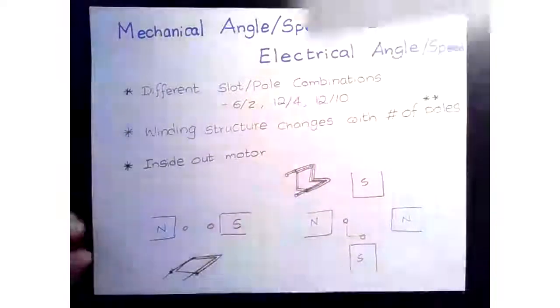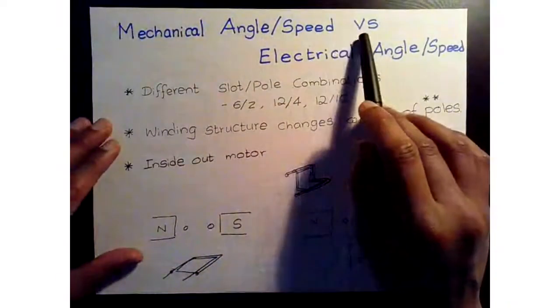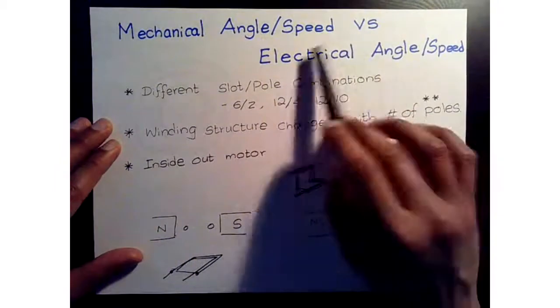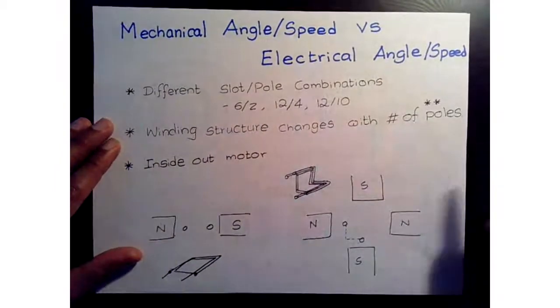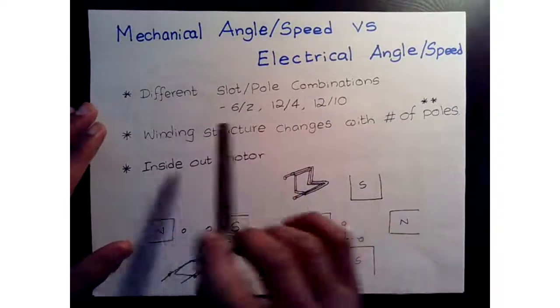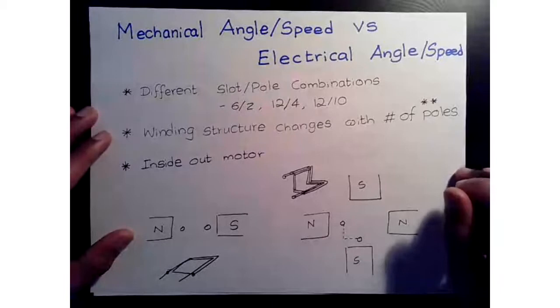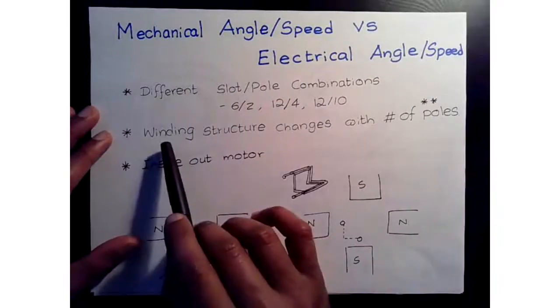Okay. Now going into looking at the mechanical speed versus electrical speed, or mechanical angle versus electrical angle, from a little bit of a different perspective. Now we talked about the different pole slot combinations, right?